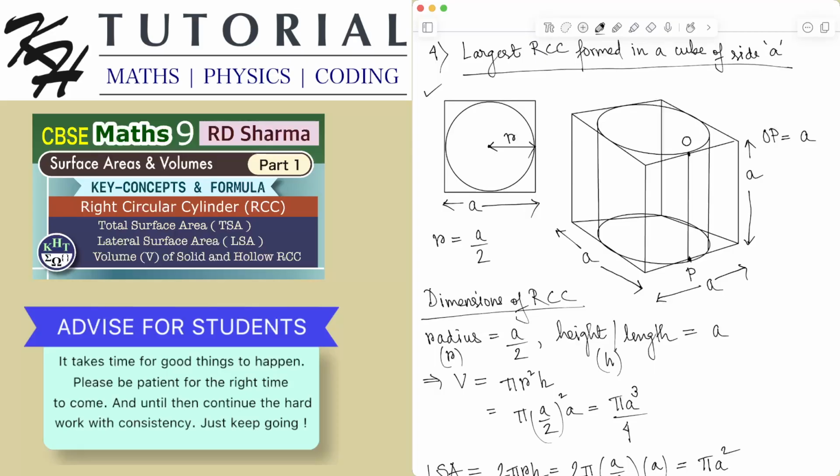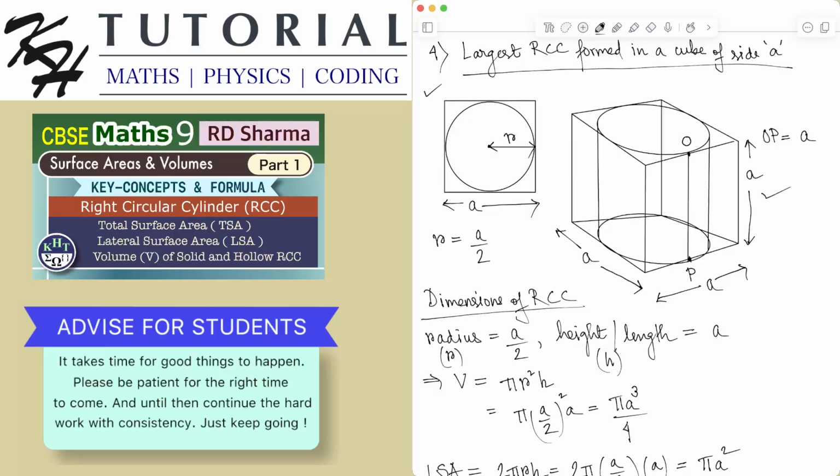the largest RCC cut out from a cube of side A will look something like this. That is, the circular end faces of the RCC will obviously lie on two opposite faces of the cube, and the height of the largest RCC will be equal to the edge length, or the side length, of the cube.